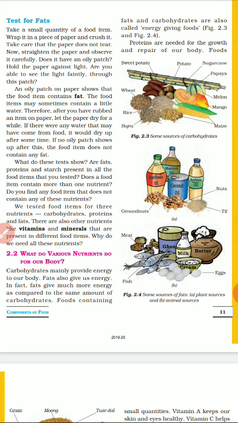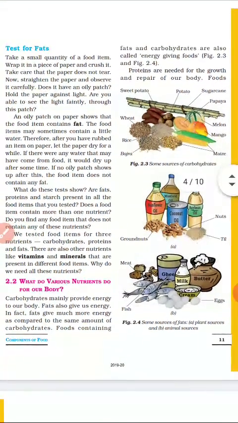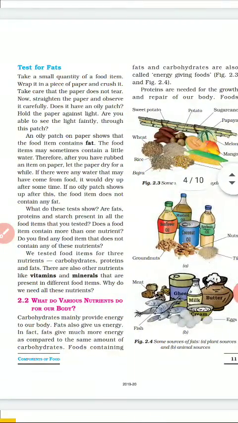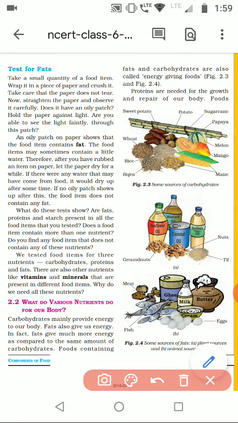When the molecules of carbohydrate break inside our body, it gives us energy, and when the fat molecule is broken inside our body, it gives us energy. So these are called energy giving food. Here it is written, energy giving food.